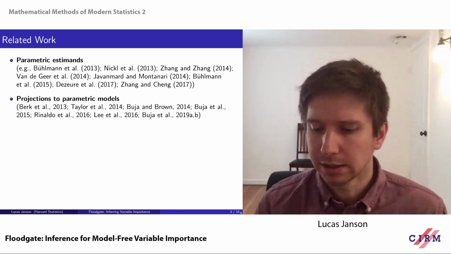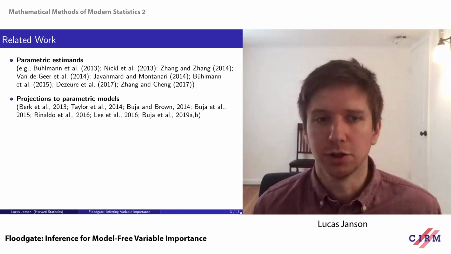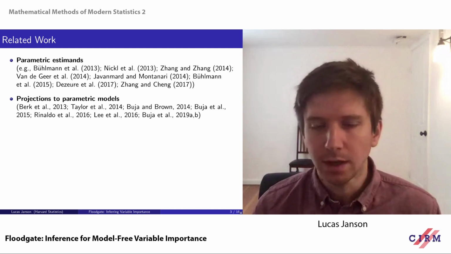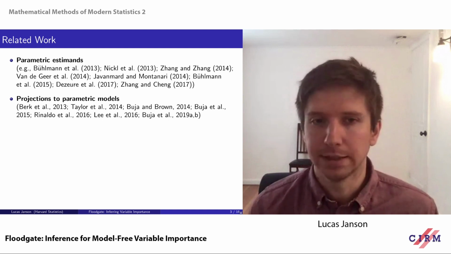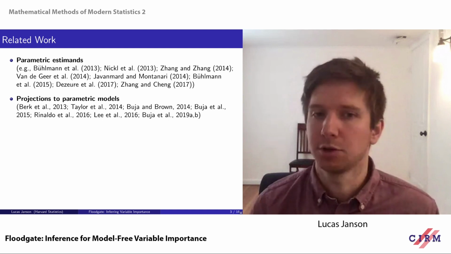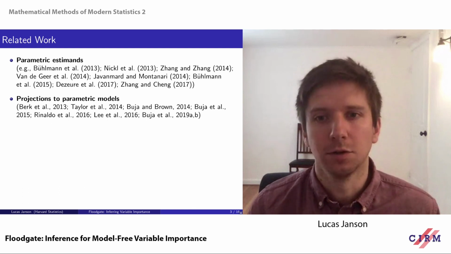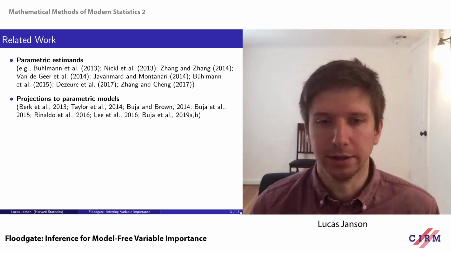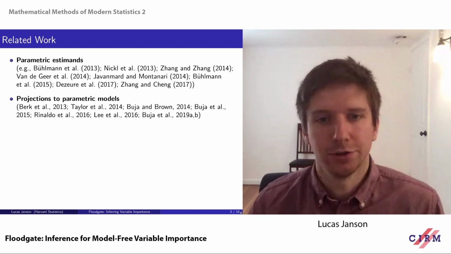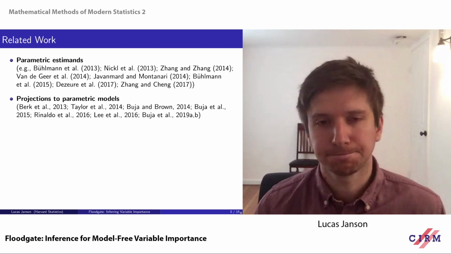That's great, but they're still going to suffer from this sensitivity issue, where if you're projecting onto a relatively simple parametric model, you're generally not going to be sensitive to anything that's not captured by that model. And unfortunately, I think we generally only have tools for projecting onto generalized linear models, which are going to basically discard any kinds of interactions or nonlinearities that might exist in the data.